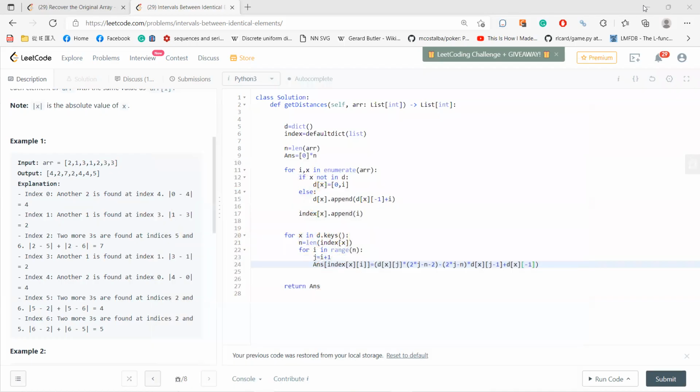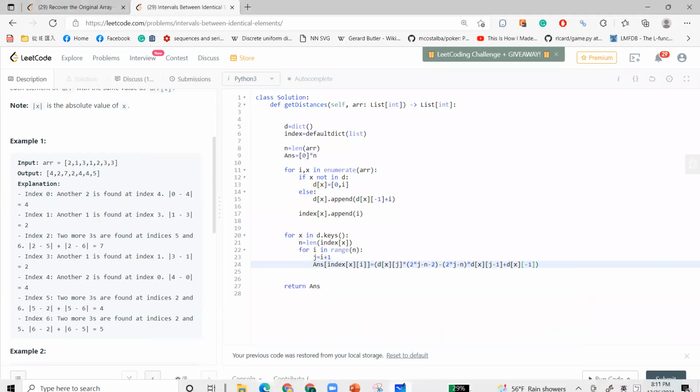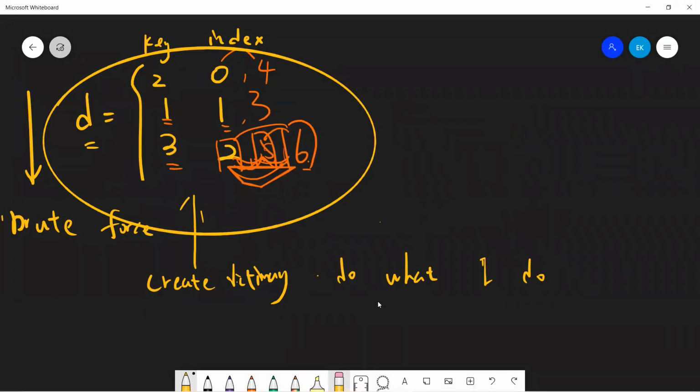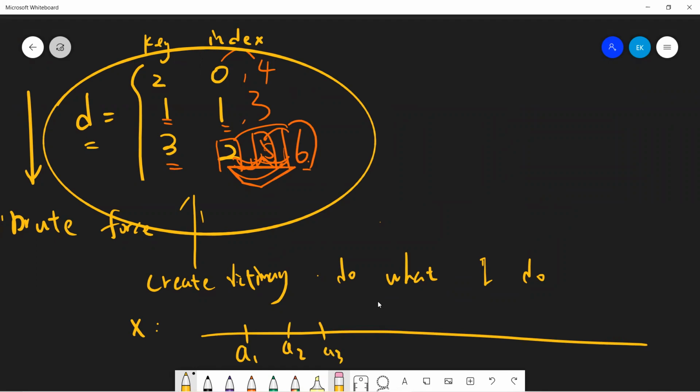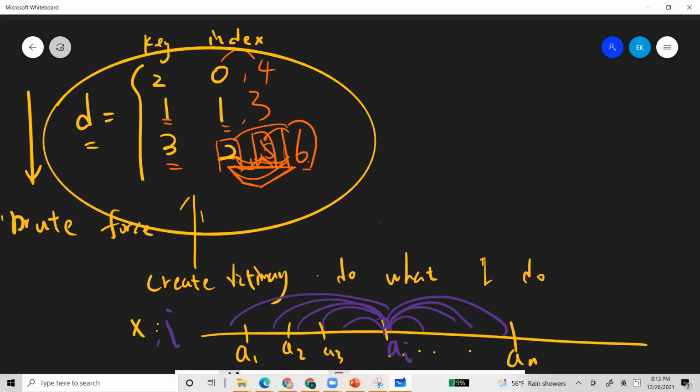You go through the array twice. For a fixed x, you get all the indices where x happens: a1, a2, a3, up to an. And for iteration i, let's say ai, then you just compute all the differences, then put them into the answer array i.